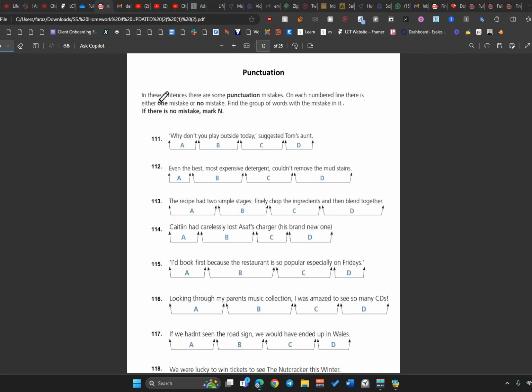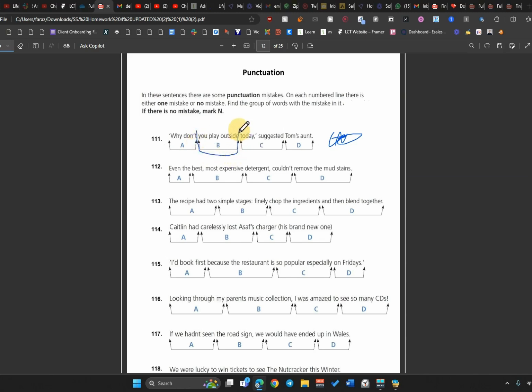Okay, now on to the punctuation. So, in these sentences there are some punctuation mistakes, either one or no mistake. If there are no mistakes, you have to put an N, right? Okay, let's get straight into the first one. Why don't you play outside today? Suggested Tom's aunt. So what we have to do is find the punctuation mistake and then choose the option based on which sort of box it is in.